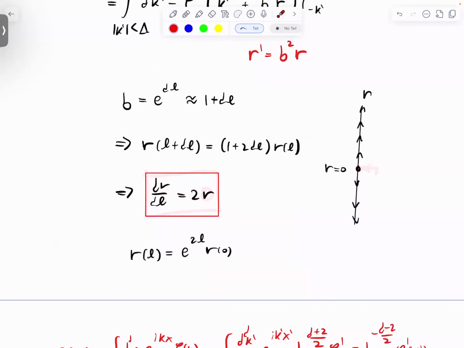If R is equal to 0, nothing happens. Is that clear or not? Yeah. If it's not, then don't be shy.